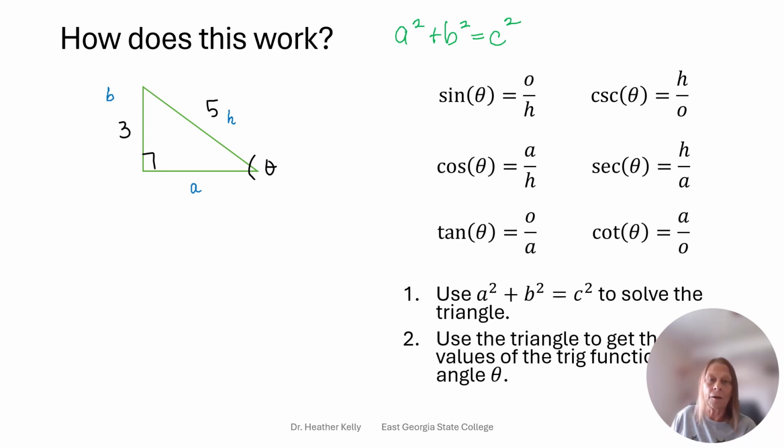Now, I wrote this with a's and b's, but in my mind, I don't think about a's and b's. I think about opposites, adjacents, and hypotenuse. So that's how I'm going to refer to them.